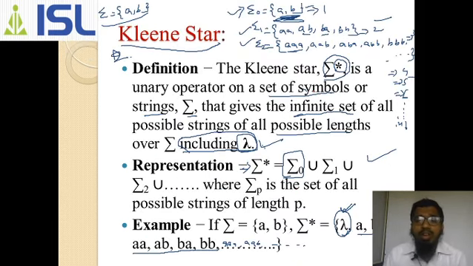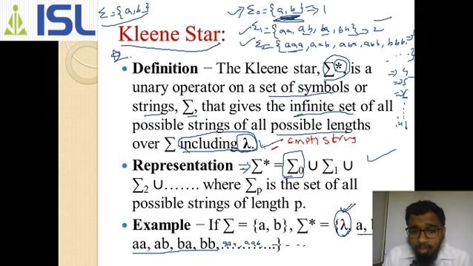So with the help of Kleene star, we will get the infinite set of all possible strings of all possible length, and it will include lambda. Lambda is nothing but the empty string.